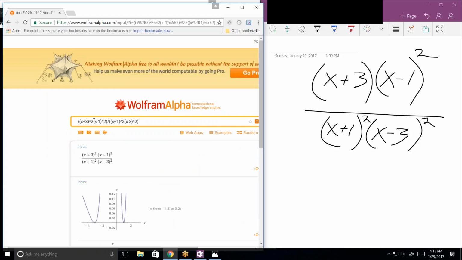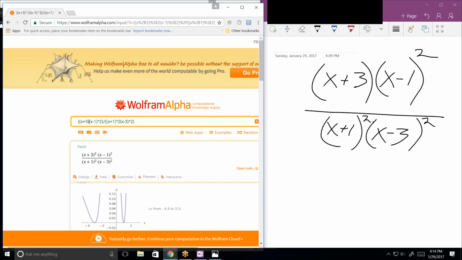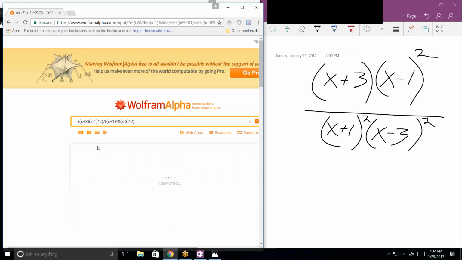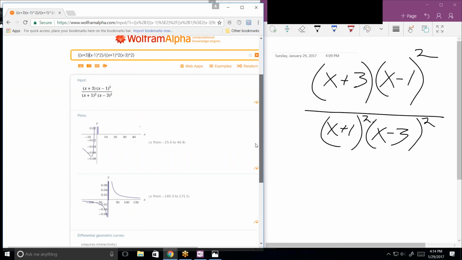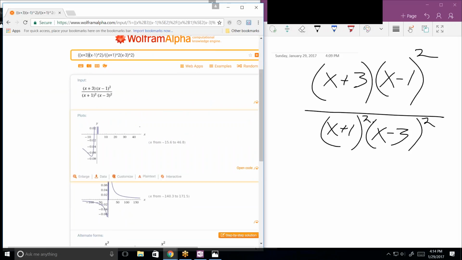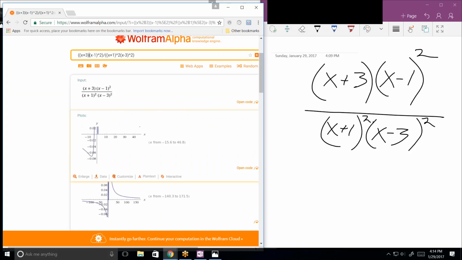This one doesn't need the raised to the 2 power. Okay. Now let me re-enter. All right, so that's what we tried to put in. And the question is, is that what we're getting? It's not the same as yours.